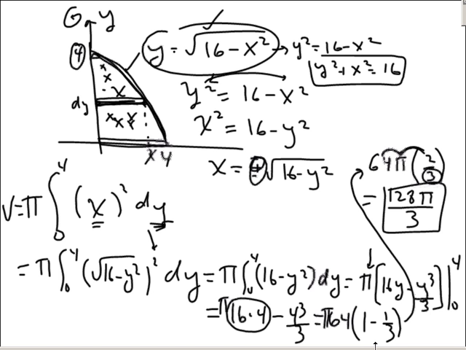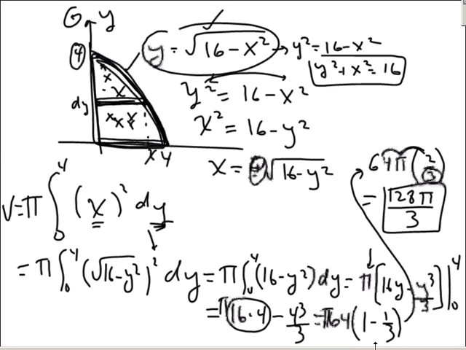This here is the equation of, in our case, the right half of the top of a circle. Basically, what I'm getting at is, if you revolve this area around the y-axis, you'll get a hemisphere. You'll get half of a sphere.